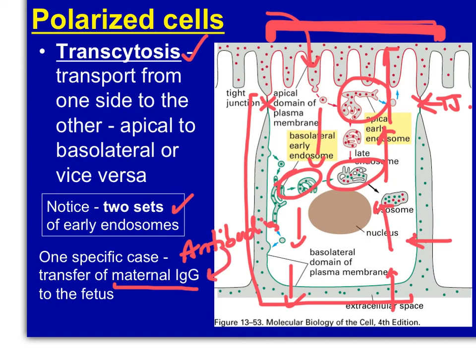So in a mom that has a baby, they can pass these antibodies across the placenta from the mom side of the bloodstream to the fetal side of the bloodstream, and that's how babies are protected early in life. Once the baby's born, it starts to make its own antibodies, but early, before it really has time to do that, it's the mom's antibodies that protect it.